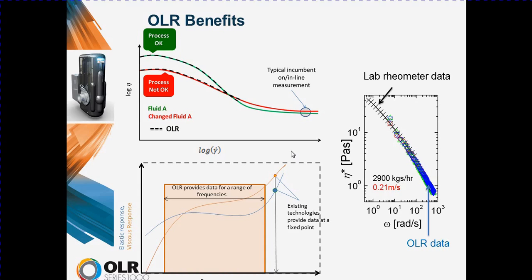And this is compared with the black crosses, which is laboratory rheometer data. You can see the OnLine Rheometer compares extremely well and correlates with the laboratory rheometer data. This is good news for quality control and for the switch from offline measurements to online measurements, because it shows the reliability and repeatability of the OLR data.